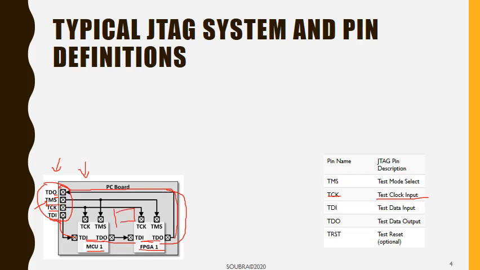So there should be some kind of selection pin, right? And this is the test mode select that enables us to choose between the MCU, the FPGA, or any other module that would be here.